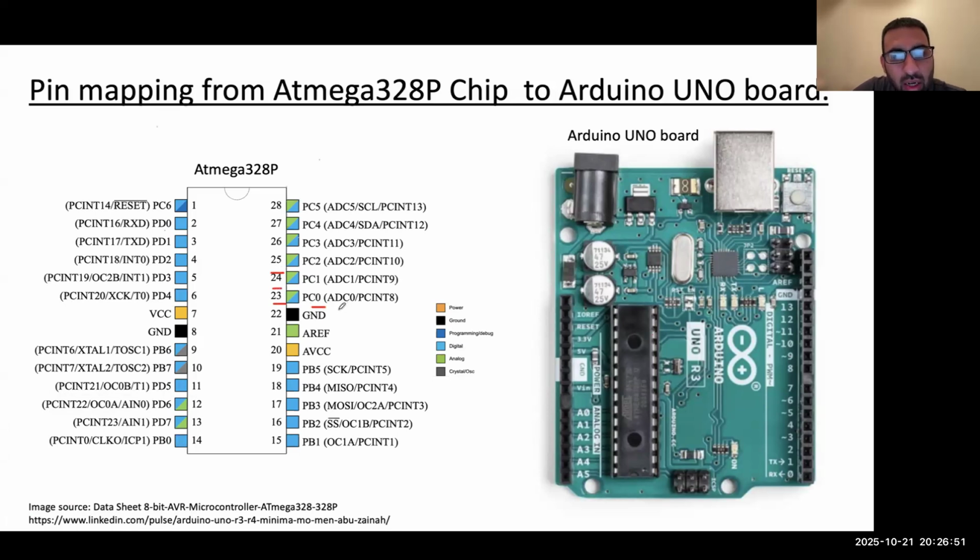They are all multi-purpose, right? Pins 23, 24, 25 up to 28 are used as PC0, PC1, PC2, PC3, PC4, PC5, and they are also used as ADC0, ADC1, ADC2 up to ADC5, or for other purposes like interrupt 8, interrupt 9, 10, 11, and so on. So they are multi-purpose.